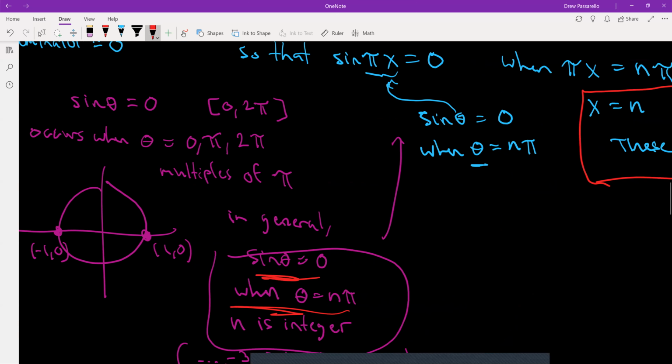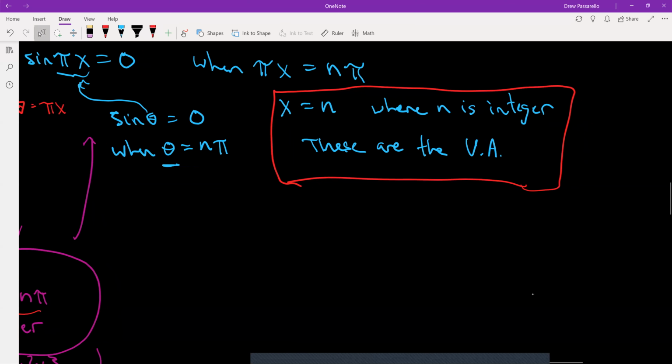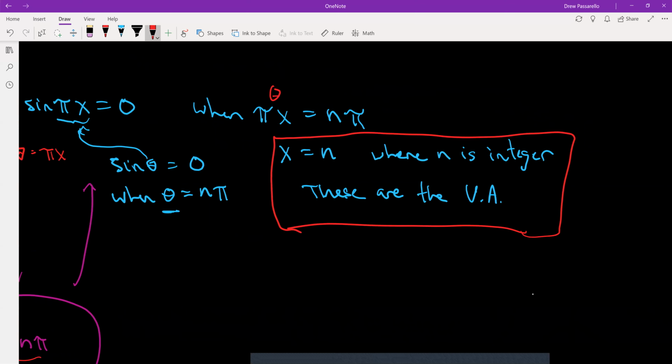Knowing that relationship, I treat theta as pi times x. So sine of pi times x equals 0 when pi times x equals n times pi. Then I got x by itself to determine the x values that make the denominator 0, and that's when n is an integer. So that's the vertical asymptotes.